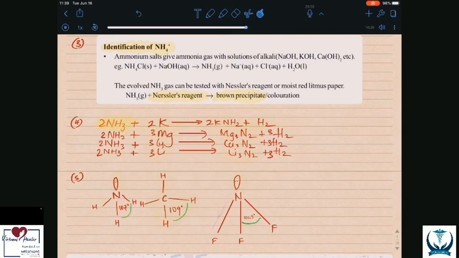Typically, ammonia reacts with metals to form the metallic amides. With magnesium, copper, and lithium, it also forms the metallic nitrides. The effect of electronegativity on the structure of a compound is considered in the fifth statement. NF3 and NH3 both have the structure of a tetrahedron, except one corner is occupied by the electron pair.